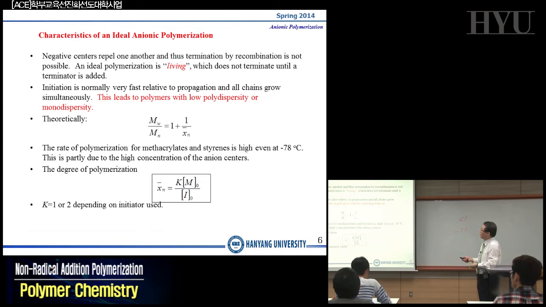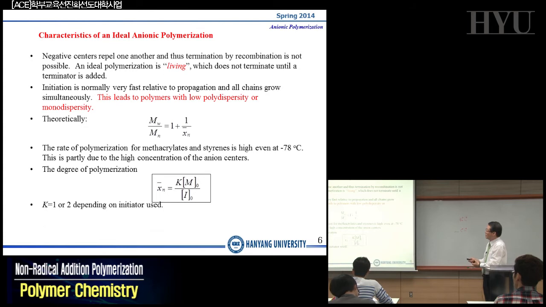Initiation is normally very fast relative to propagation, and all chains grow simultaneously. This leads to polymers with low polydispersity, or monodispersity. So you can make a monodisperse polymer with a narrow molecular weight distribution in anionic polymerization, of polystyrene in this case.